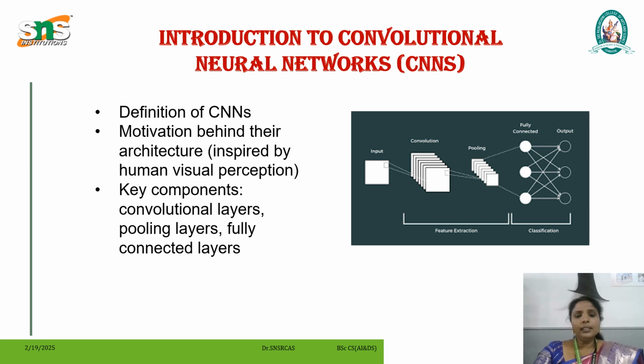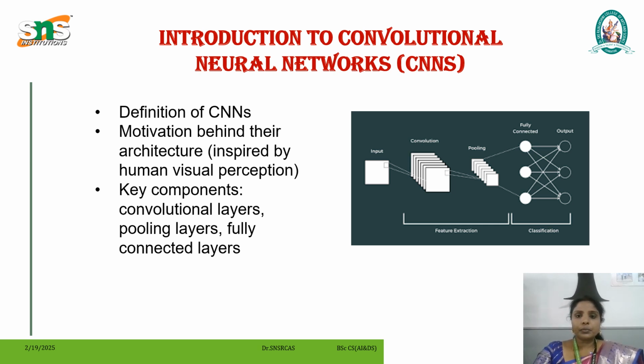Next, we see the CNN, that means convolutional neural networks. First, we see the definition of CNN. It is a specialized neural network architecture designed for processing grid-like data such as images, and highlights its suitability for object recognition tasks.